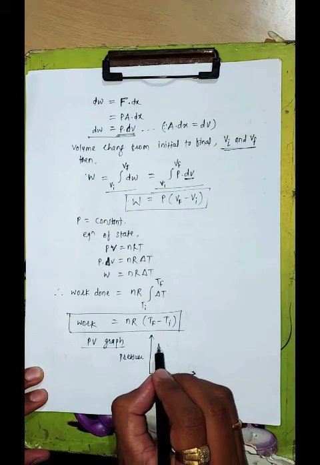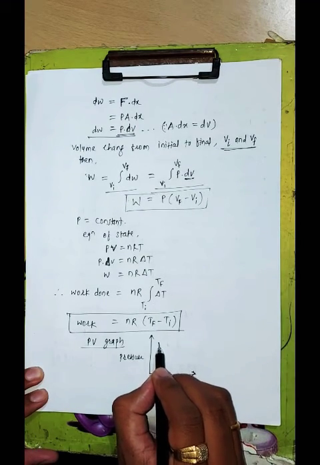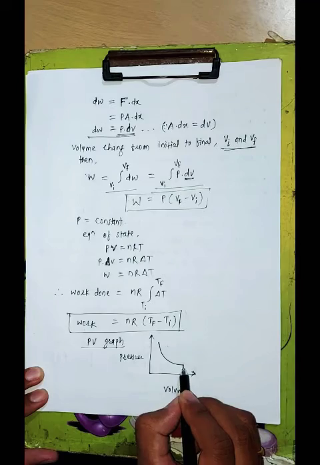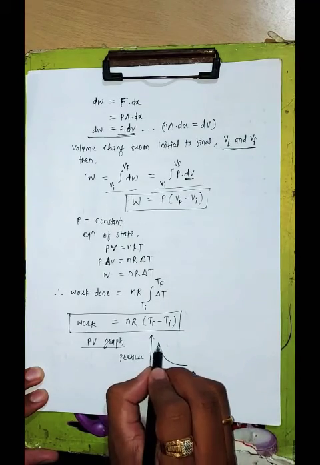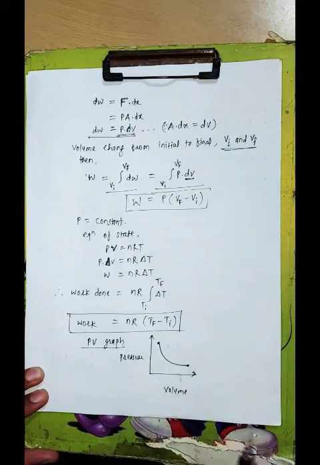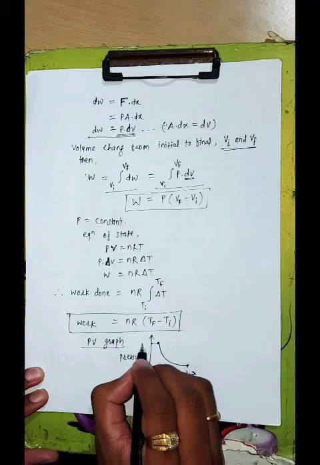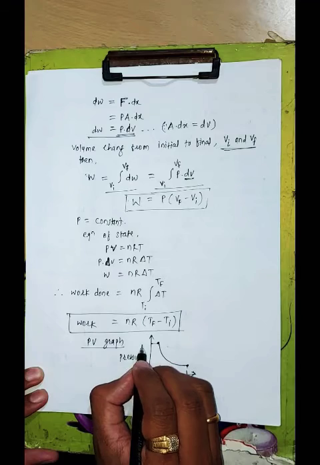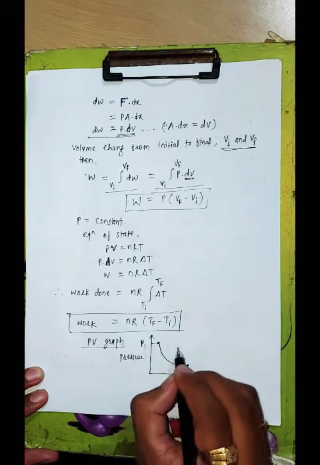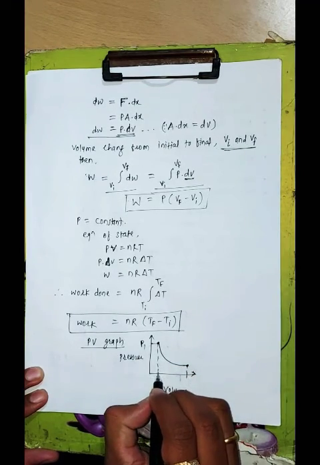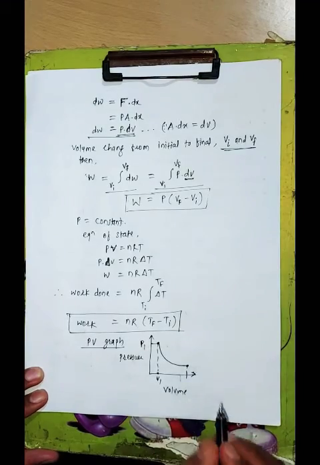Suppose that volume decreases like this. So we can take these two points here like this. This particular point is P1 and this point is V1.